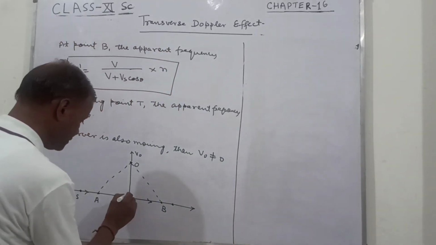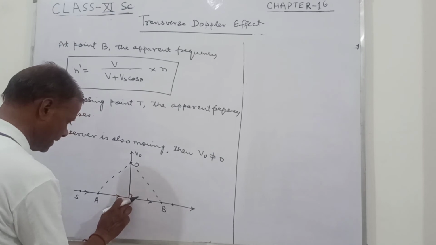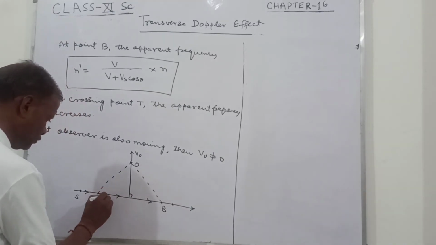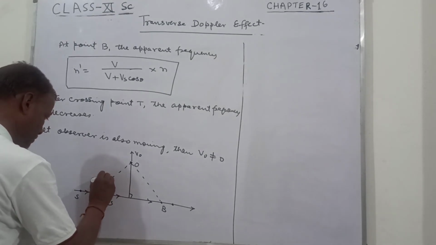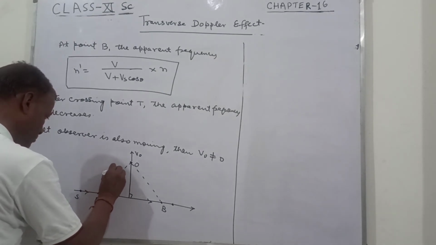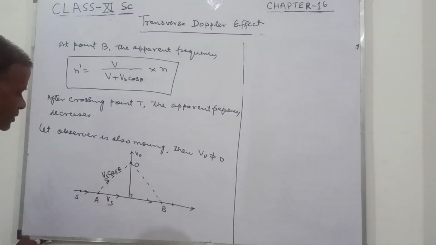This is the angle 90 degrees. This is now your Vs, and this is your Vs cos theta.